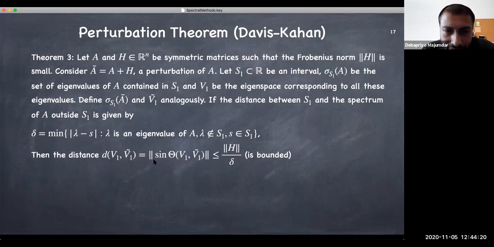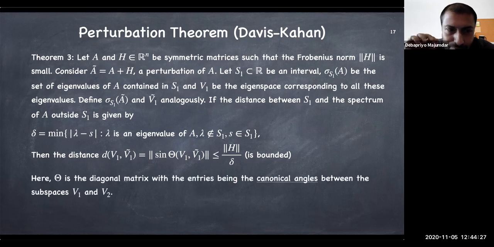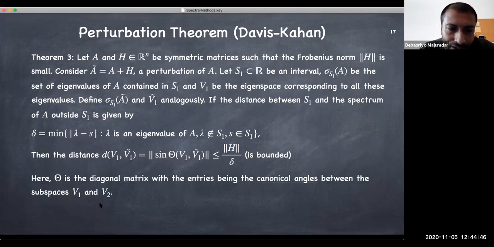Now, the distance between two subspaces. Okay, we'll not go into the discussion of this, but this particular theta is actually a diagonal matrix, and the entries of the theta are the canonical angles between the subspaces V1 and V2. I'll just tell you the intuition behind this. Suppose these subspaces are just one-dimensional subspaces.